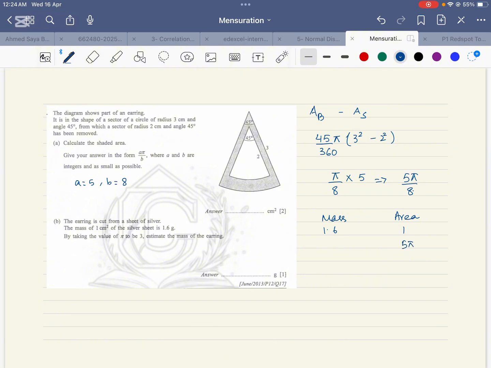So the mass of 5 pi by 8 is going to be x. Of course, we are going to multiply 1.6 with 5 pi by 8. Pi needs to be taken as 3. Let's find out the value. This is 1.6 multiplied by 15 divided by 8.